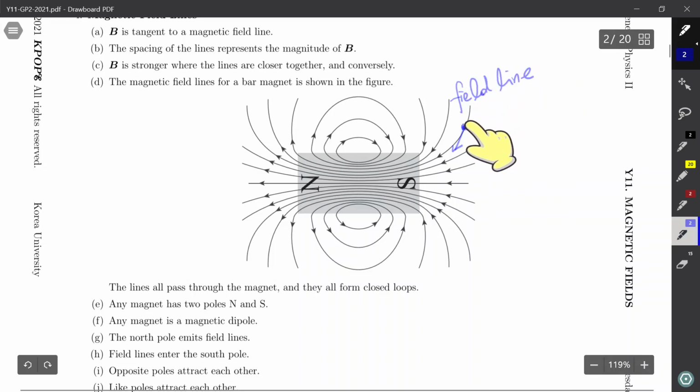Each field line at a point, its tangent is the direction of the magnetic field.